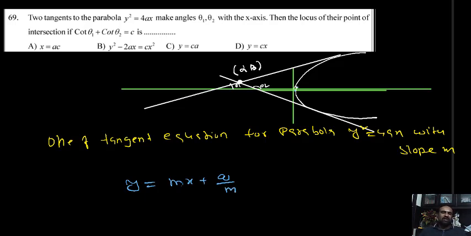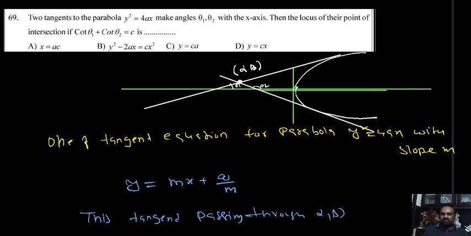Instead of m I can write tan theta 1 or tan theta 2. This tangent is passing through alpha comma beta, so beta equals m alpha plus a by m.